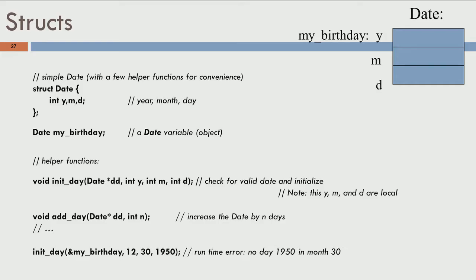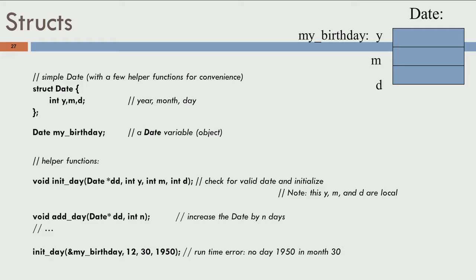So, if I add 2 days to 30th December 1950, internally I want this to automatically move to January 1st 1951. In fact, I may want to handle cases like leap year and so on also appropriately.